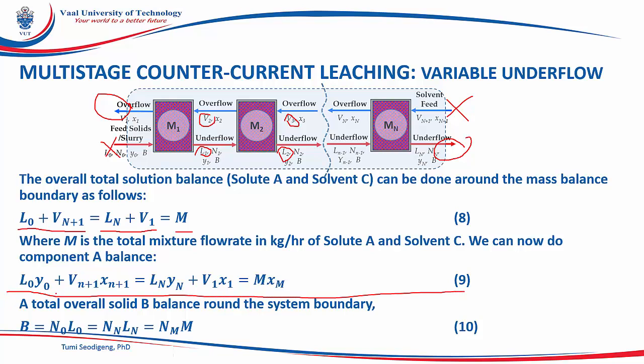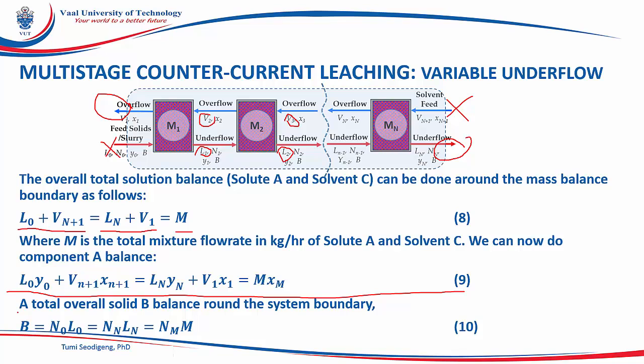So what we do is the solution in the slurry feed multiplied by its composition y0, plus the solution in the solvent feed multiplied by its composition xn plus 1, will be equal to the solution in the underflow product Ln multiplied by its composition, plus the solution in the overflow product stream multiplied by its concentration x1, will be equal to some total mixture M multiplied by its solute concentration xm.